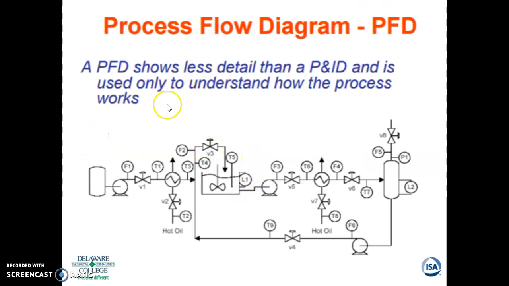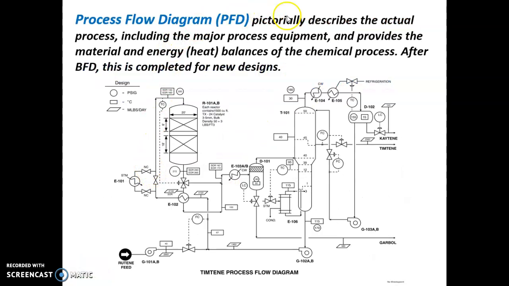The process flow diagram is less detailed than a P&ID, and it helps you understand how the actual process works. It provides your material, energy, and heat balances in your chemical process. It gives you the major pieces of equipment, all the different flows, and the operating conditions.